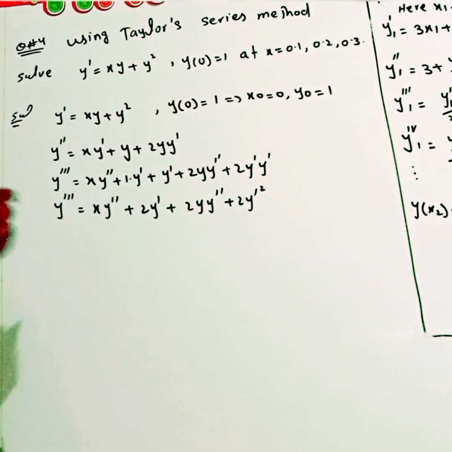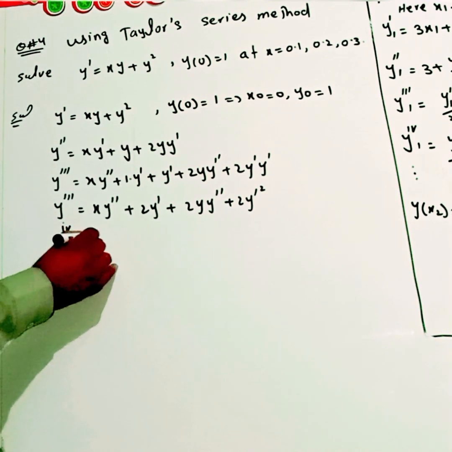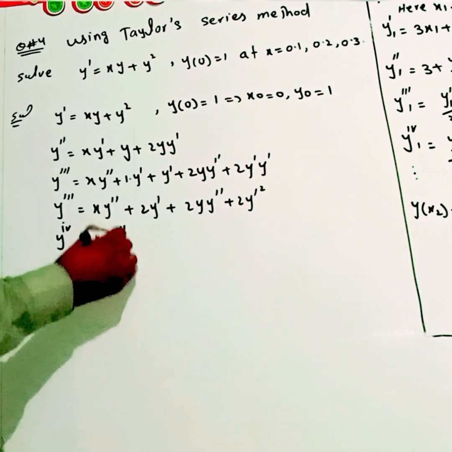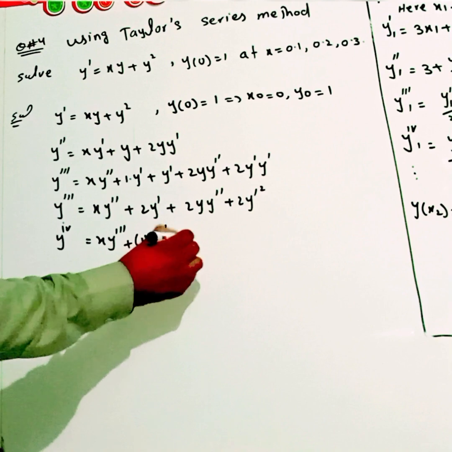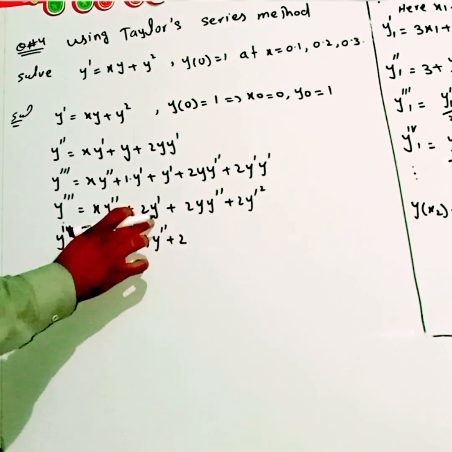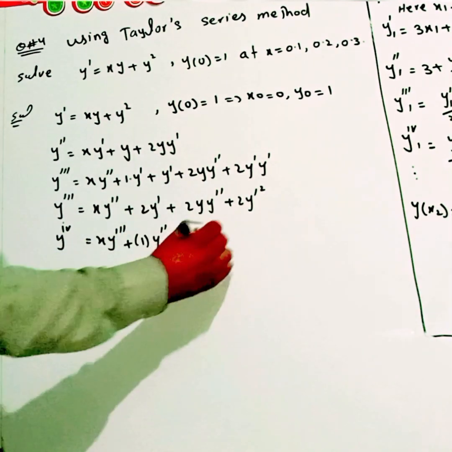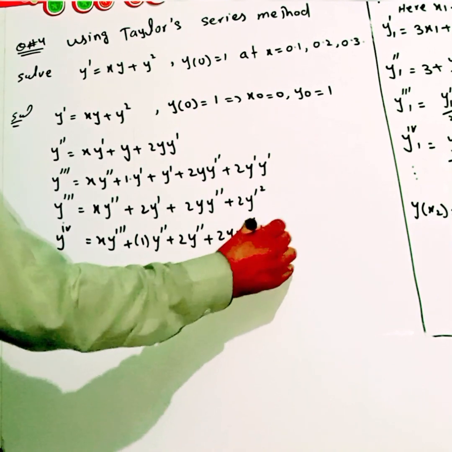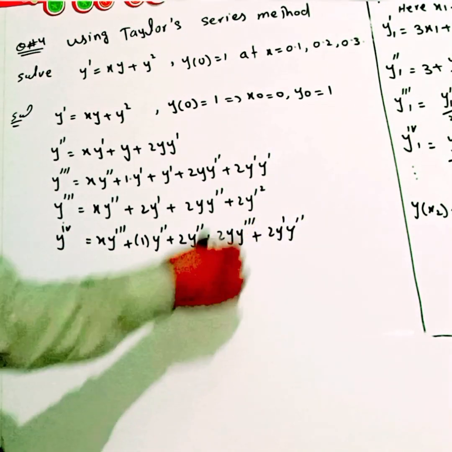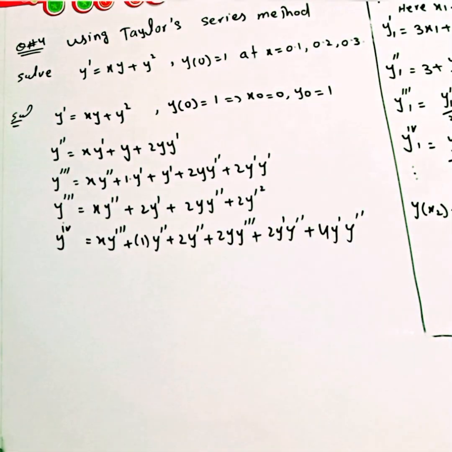Now we can take the fourth derivative. Y fourth derivative is equal to x y triple prime plus derivative of x is equal to 1 y double prime plus 2 constant and derivative of y prime y double prime plus, here we use product rule, 2y y triple prime plus 2y prime y double prime, and here we use power rule, 4y prime y double prime.